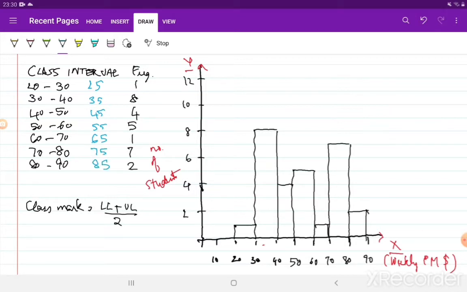A frequency polygon can be constructed over the histogram. How do we do it? We join the midpoints of each of the bars. So 20 to 25, I'm just marking the class mark.